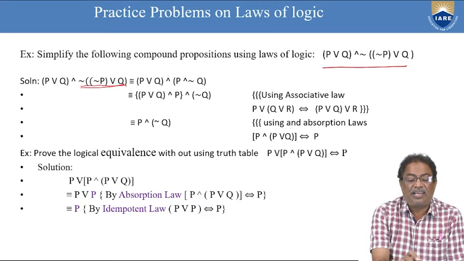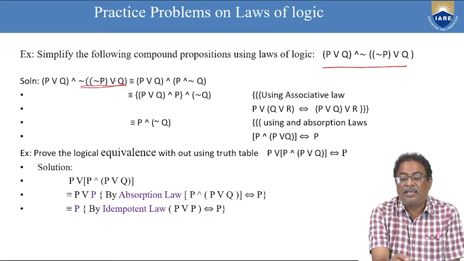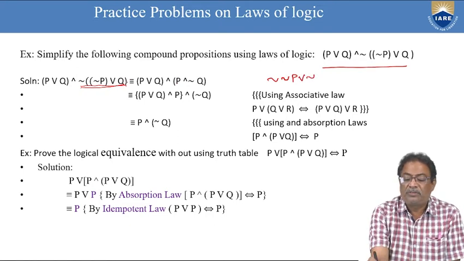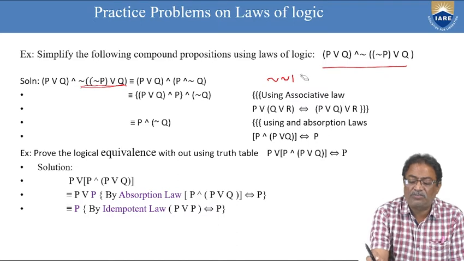See here, negation of P or Q, sending negation inside: that is double negation P and double negation Q. So this OR will become AND. Just try to concentrate on this only.